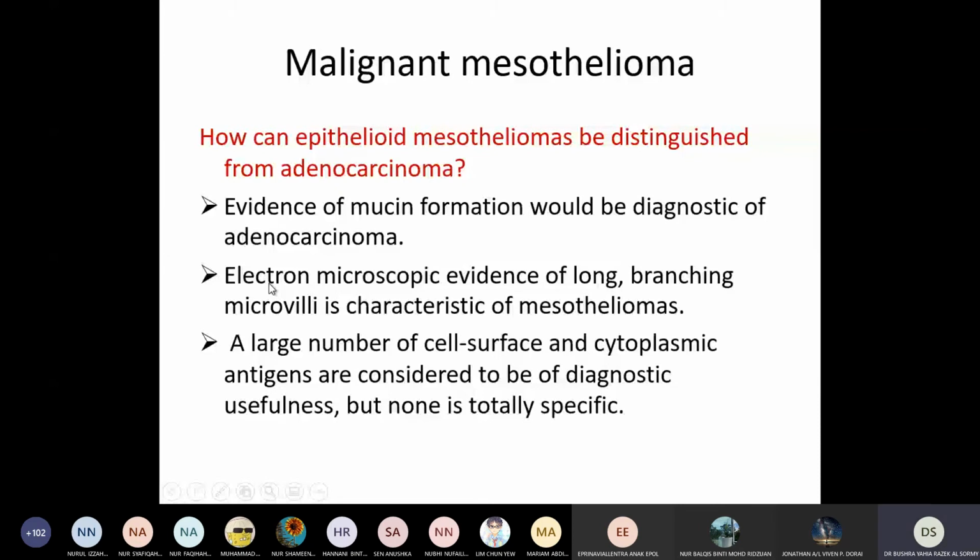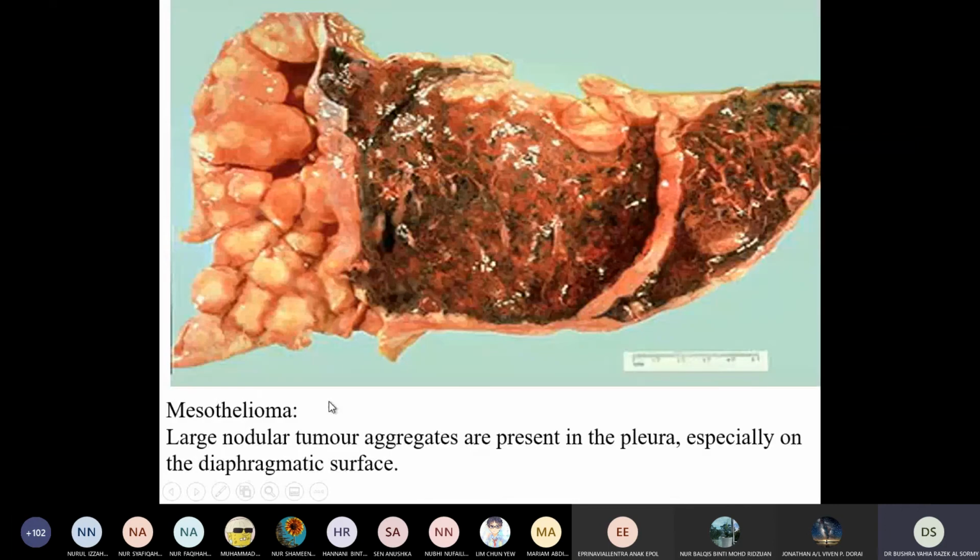A large number of cell surface and cytoplasmic antigens are considered diagnostically useful, but none is totally specific. We also have to do immunohistochemistry to differentiate between mesothelioma and adenocarcinoma.